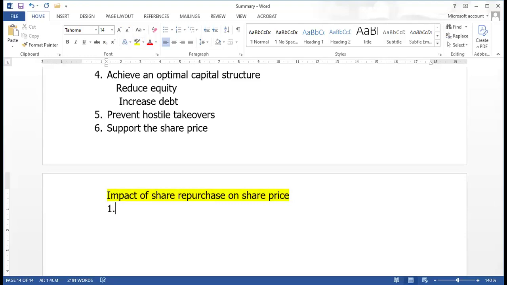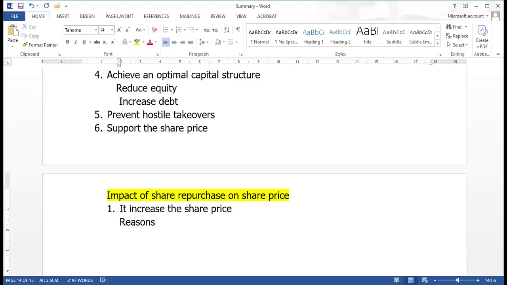Generally, the impact is that it increases the share price in the long run. But that is not always guaranteed. It's not that automatically, when you do the share repurchase, your share price will increase. It will depend on the reasons.